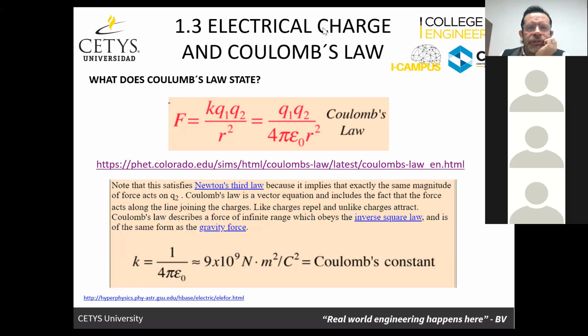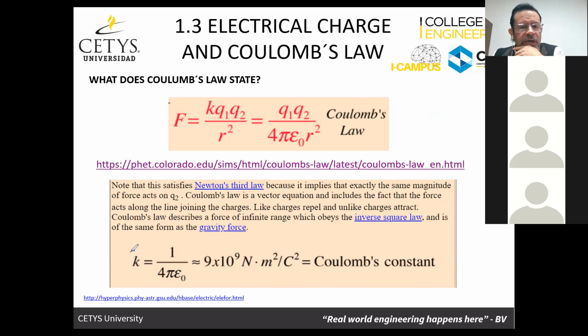Newton's gravitational force law says that the force between two bodies that have a certain mass is equal to the gravitational constant times the two masses divided by the square of the distance. That is the law that applies to bodies in space, like planets, for example.